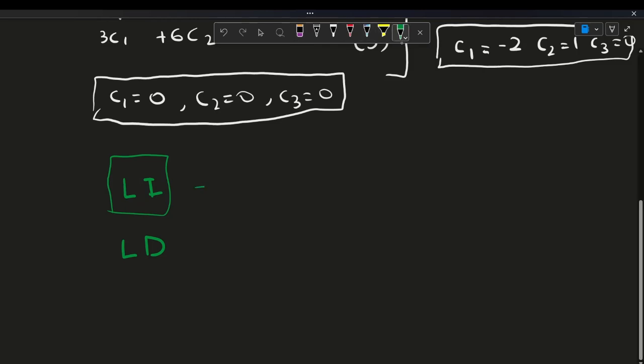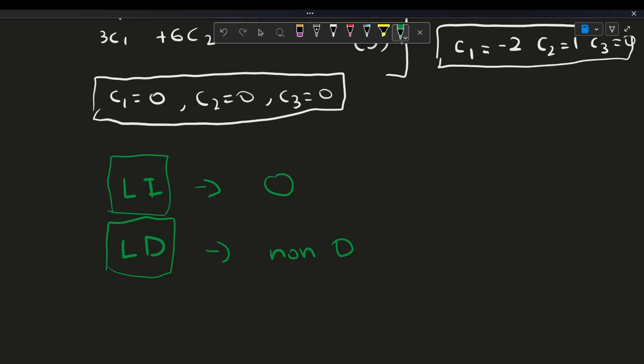So in linear independence, all coefficients are zero, and no vector can be written as a linear combination of the others. However, when it's linearly dependent, at least one vector in the set can be written as a linear combination of others, and at least one coefficient is non-zero. So C1 or C2 or whichever C value is non-zero in linear dependence.